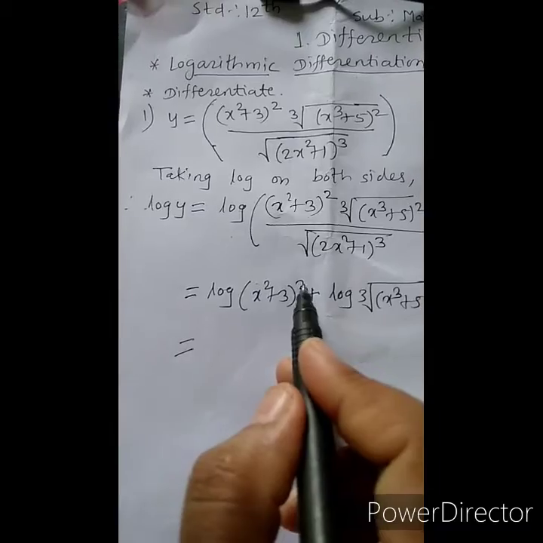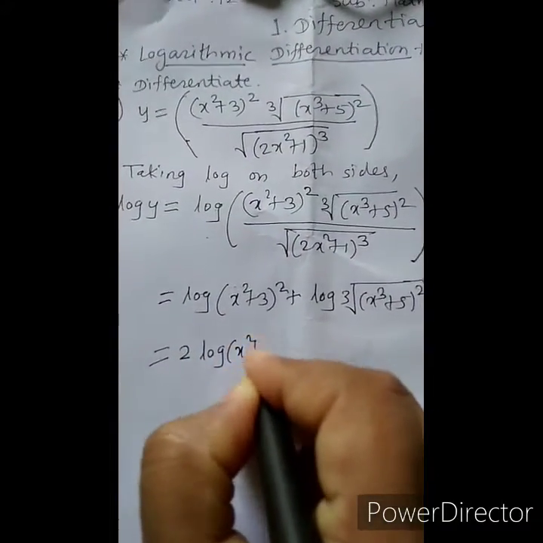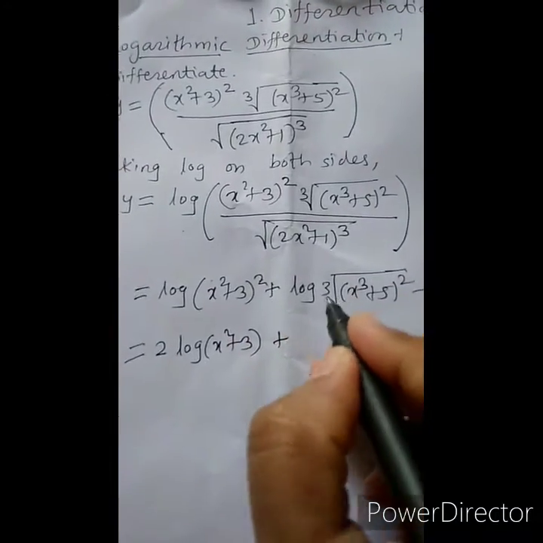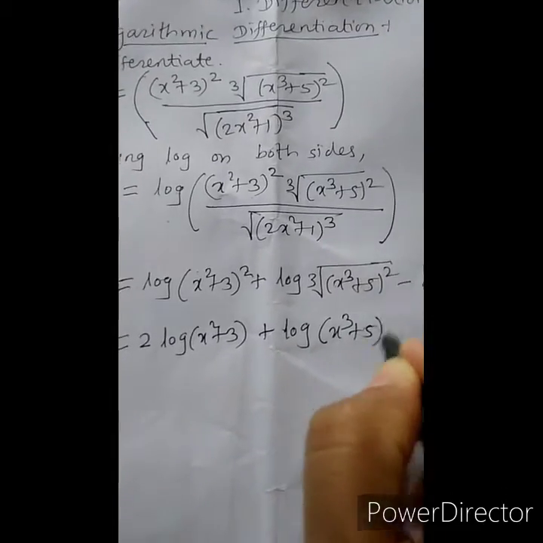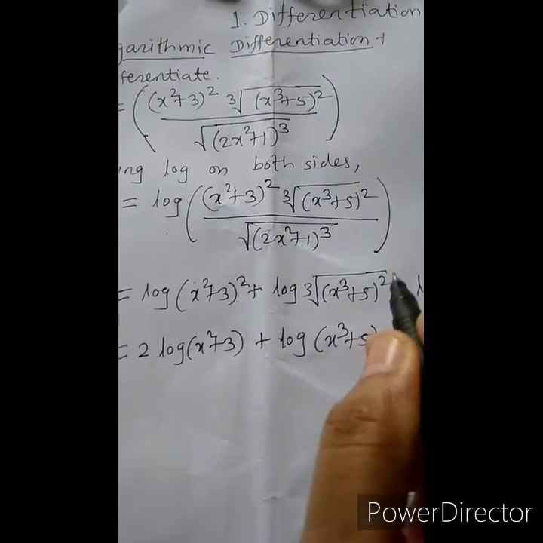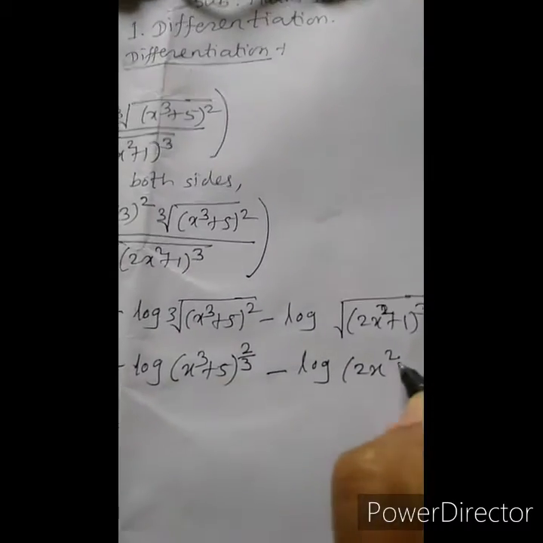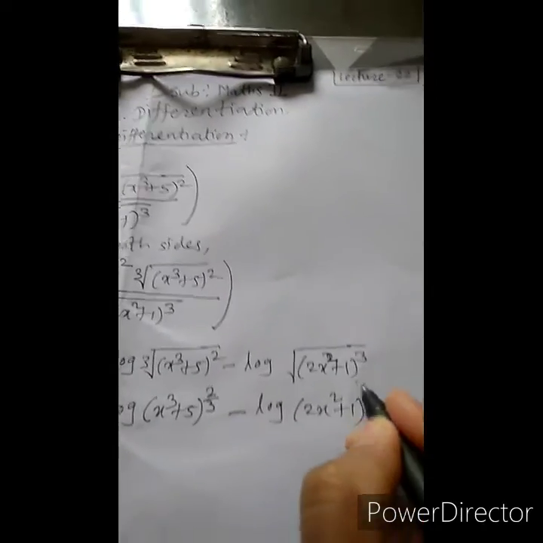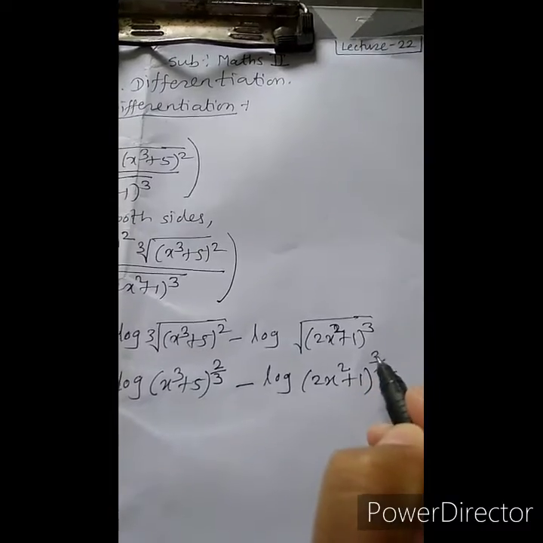Now here power 2 is there, we can take it in front of log: 2 log of x square plus 3 plus, here log of, we can write this function in the form of x cube plus 5, here cube root means bracket raised to 1 upon 3, so 2 into 1, that is 2 upon 3, minus here also log of 2x square plus 1 bracket raised to 3 upon 2, because square root means bracket raised to 1 upon 2, therefore 3 into 1, that is 3 upon 2.